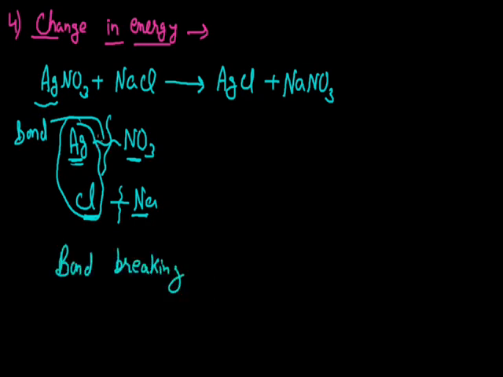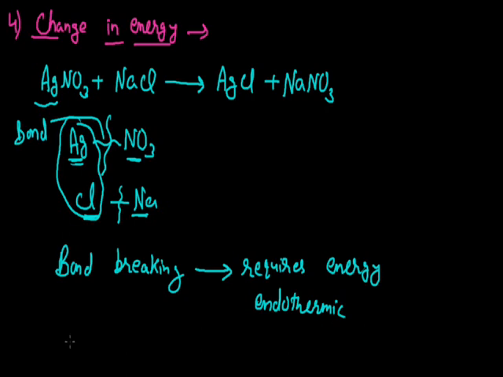Since this bond is a kind of force of attraction between two different kinds of atoms, when we want to break this bond, it will require some energy, and since this process requires energy, this kind of process where energy is required can be termed as endothermic process.